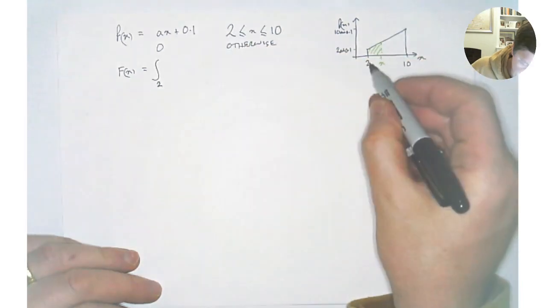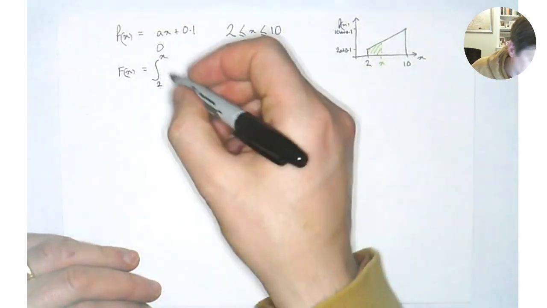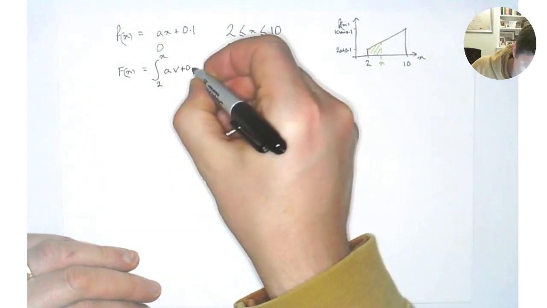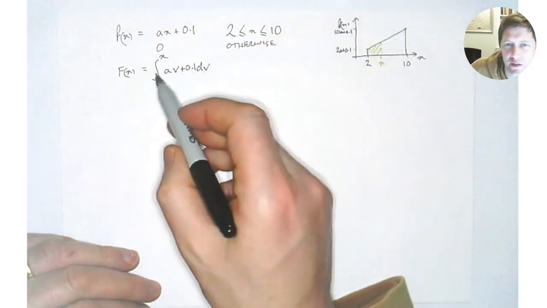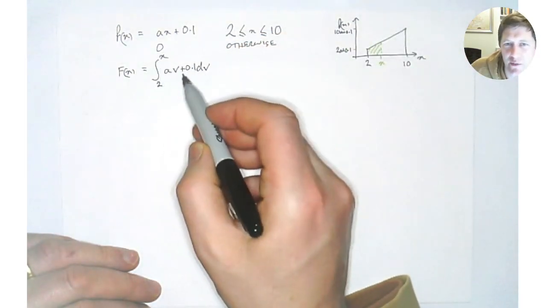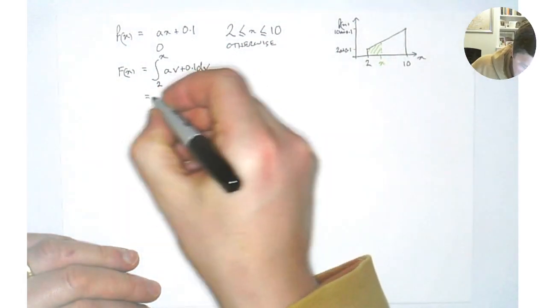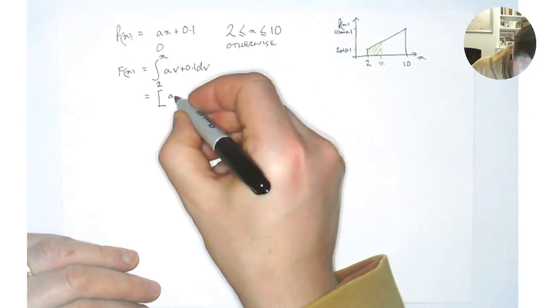So we're going to integrate from 2, and we want to find a function in terms of x. And so we put in our function here. Now I'm going to call it a v instead of x here, just for the purposes of avoiding confusion with the integrand here, to keep that x different from that v. So that's what we need to integrate, and obviously that's a simple task for you to do.